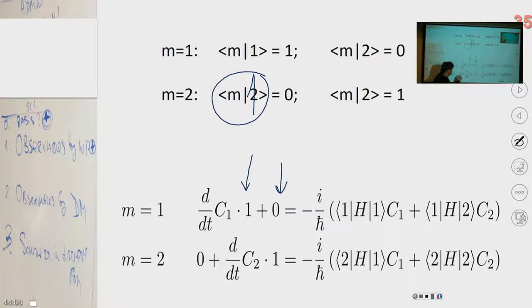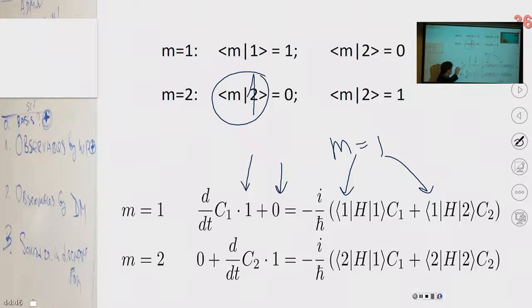And through this trick, we will keep only one expansion coefficient on the left. If m equals 1, then only C1 survives and the rest are dead. If m equals 2, only C2 survives and the rest are dead. And on the right side, we were plugging in m equals 1 here and there. You see that there is a convolution of matrix element times expansion coefficient. We are almost done.